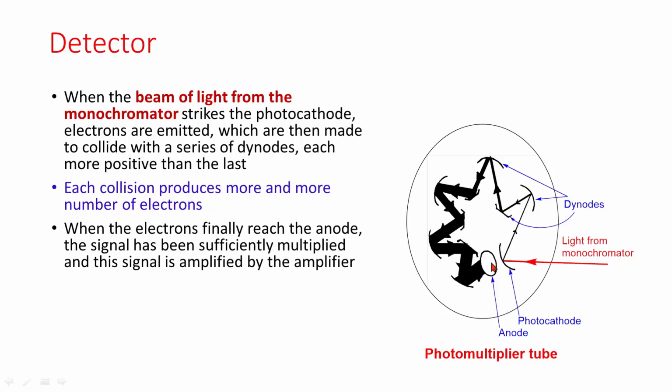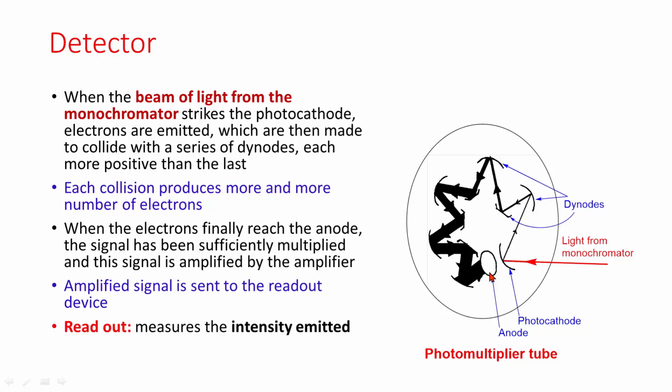When the electrons finally reach anode, signal has been sufficiently multiplied and this signal is amplified by the amplifier. Amplified signal is sent to the readout device. Readout measures the intensity emitted.